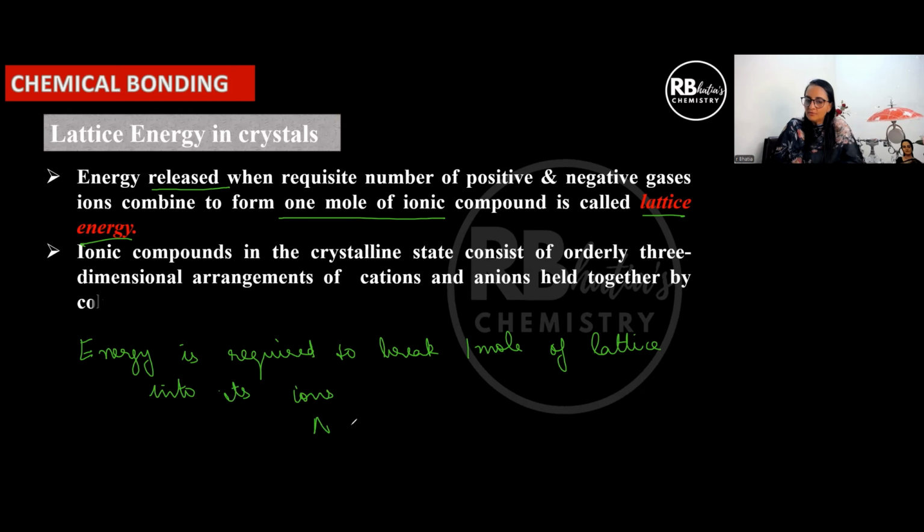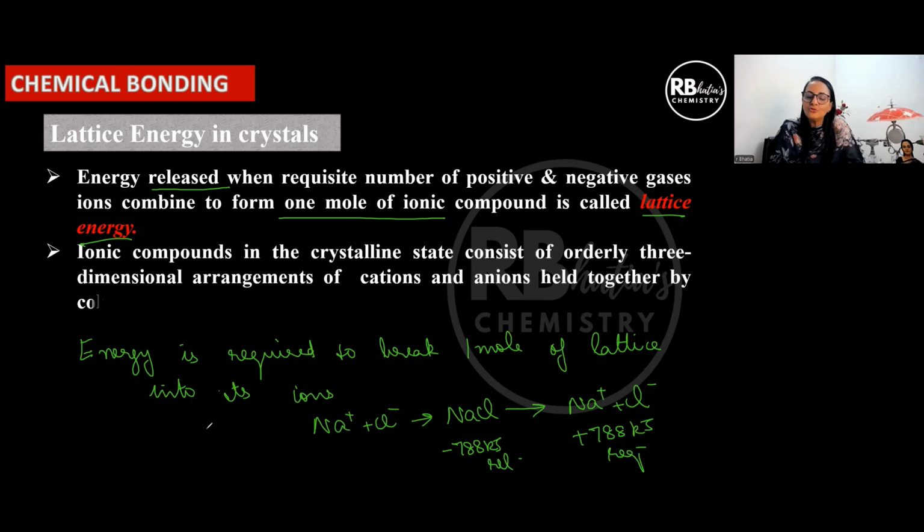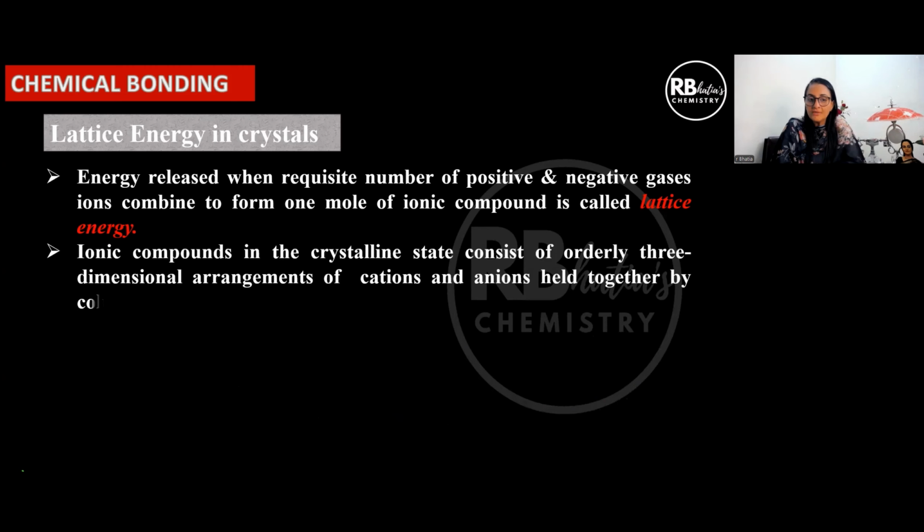Okay, that means when sodium ion and chloride ion combine to form NaCl, then minus 788 kilojoule energy is released. But when you break this into these ions, then 788 kilojoule energy will be required. So is lattice energy the energy released or required? It can be either. If you are breaking, energy is required, but if you're forming, energy is released. Magnitude is the same, sign changes. Don't get confused with these questions.